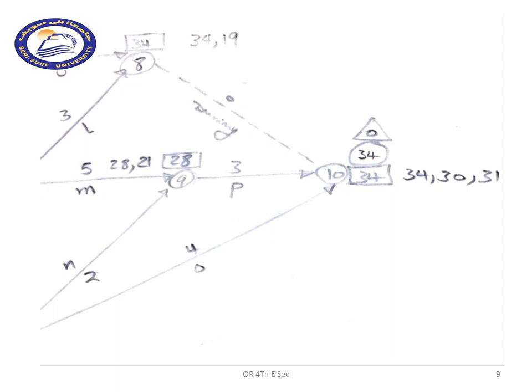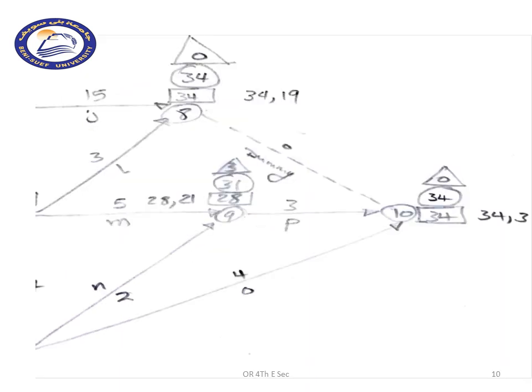So for node 10, the latest possible starting time is 34. As for node 8, we will deduct 0, which is the time of the dummy activity, from 34, so it is the same 34. For node number 9, we will deduct 3 from 34.